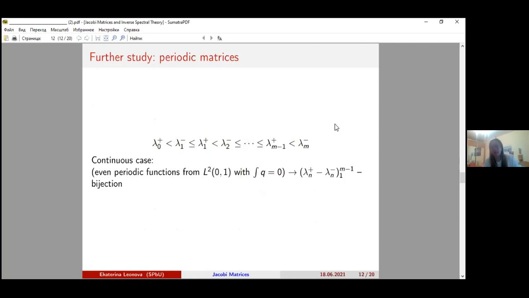And now we have a more complicated spectral data. It's not just eigenvalues, it's a sequence of differences between lambda n plus and lambda n minus. So we don't really care about these two guys. We don't need them. And we will have a bijection then.